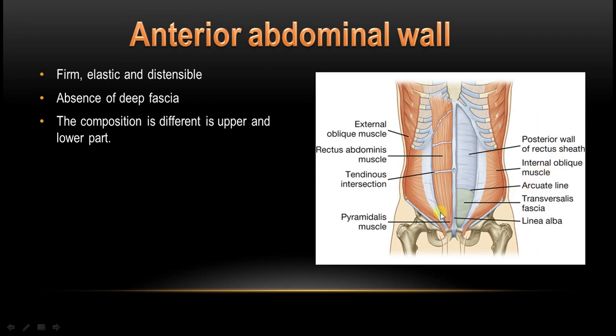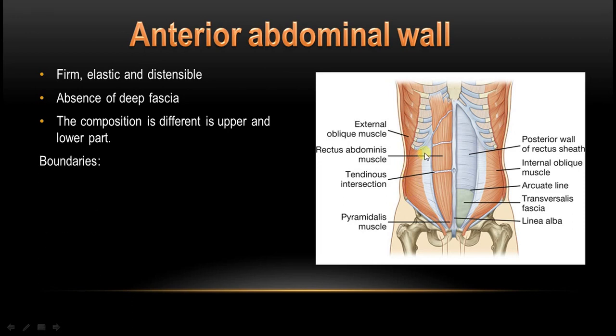The composition of the anterior abdominal wall is not uniform throughout, and it differs above the umbilicus and below the umbilicus. So the thickness also differs. We will see that in the forthcoming slides.